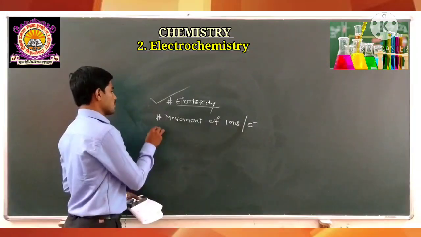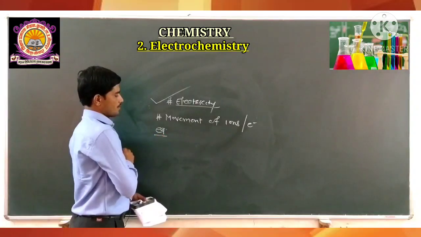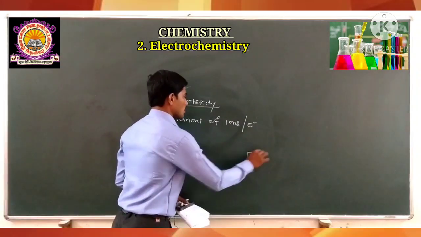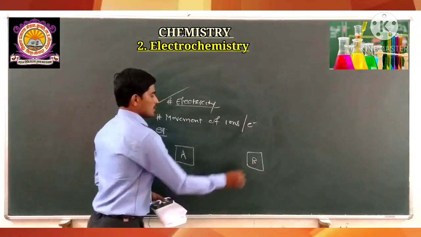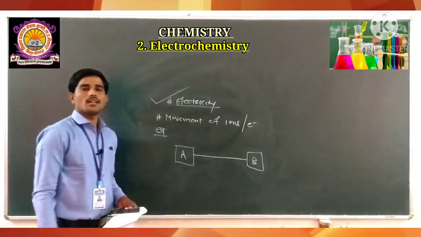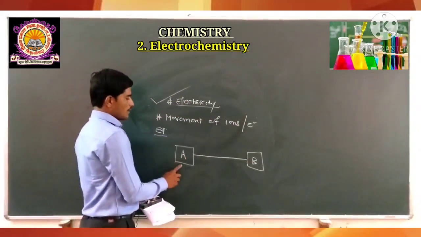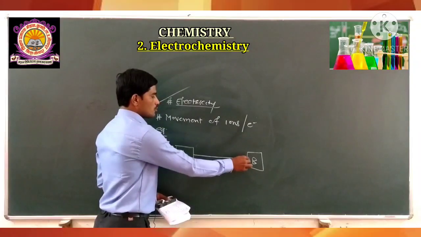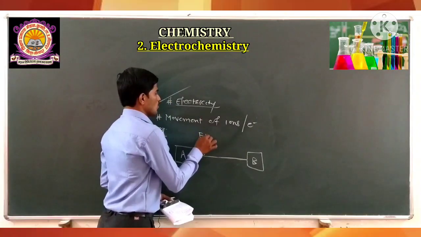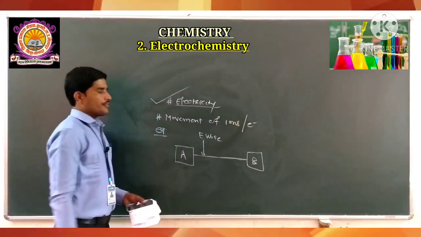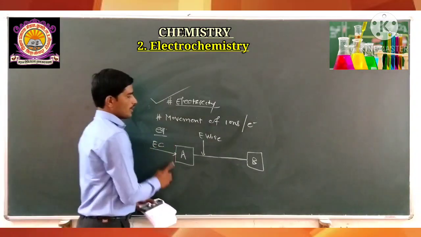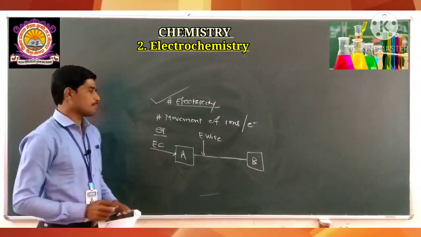Consider one of the best examples in simple words. If A is one atom and B is another atom, and these two atoms are connected by means of an electrical wire, and we pass electric current from A to B, what happens?